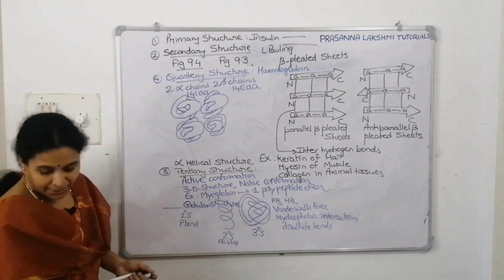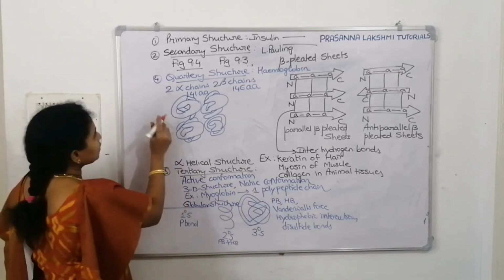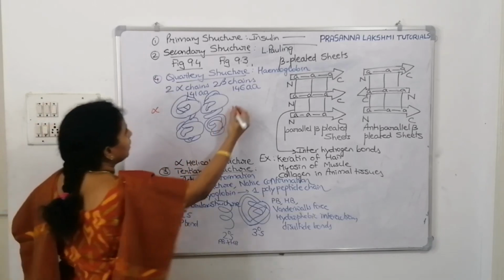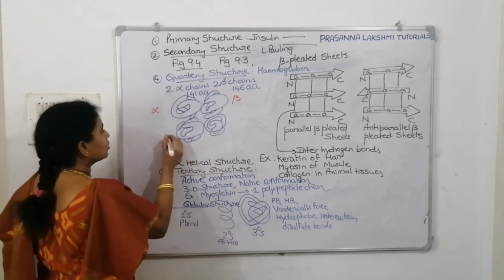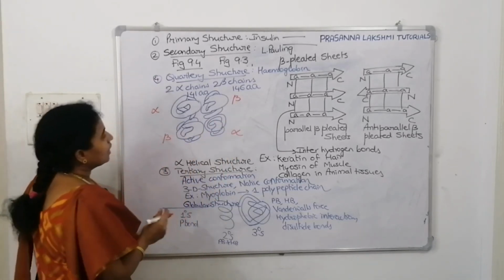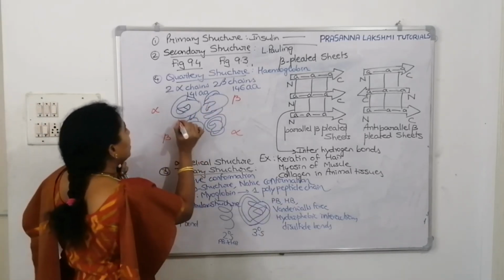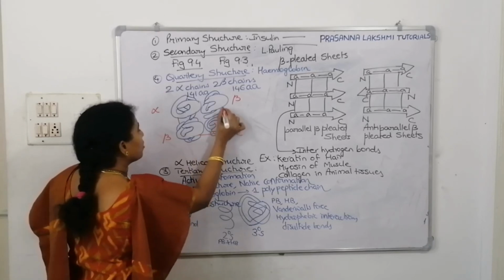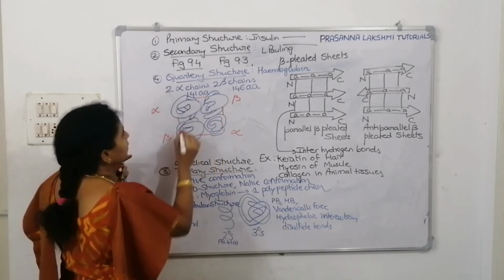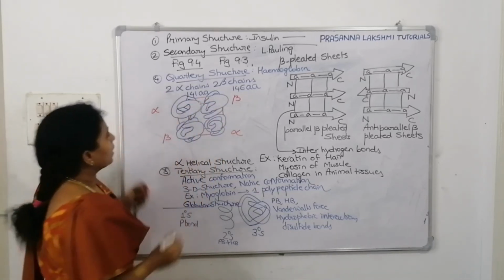Here I am trying to show 4. This one is one alpha chain. Here is a beta chain. Here is a beta chain. Here is an alpha chain. And this is one tertiary, another tertiary, another tertiary, another tertiary, interconnected by hydrogen bonds, hydrophobic bonds, and disulfide bonds with each other. Then it makes a quaternary structure.